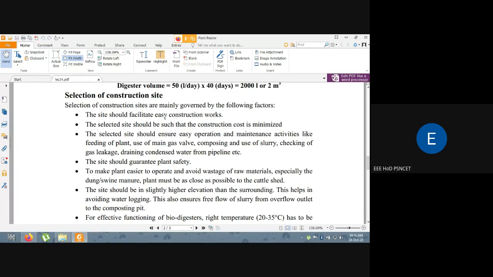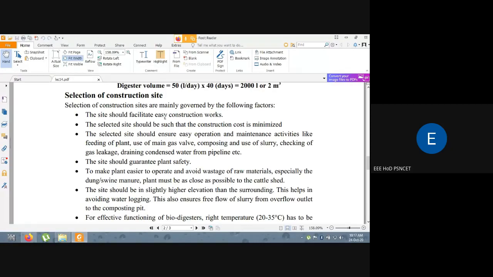We have seen yesterday the biogas plant is placed underground. The mixing table is above ground level, and the digester and the chamber are placed underground. So we need to dig a huge tank underground. If there are a lot of rocks, it is not an easy task to dig. So for that purpose, the land selection should be optimum.